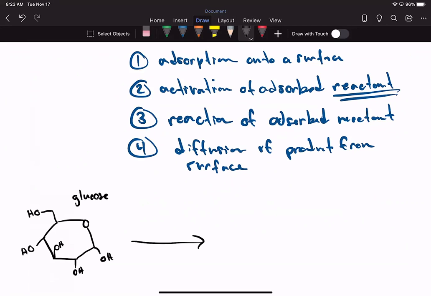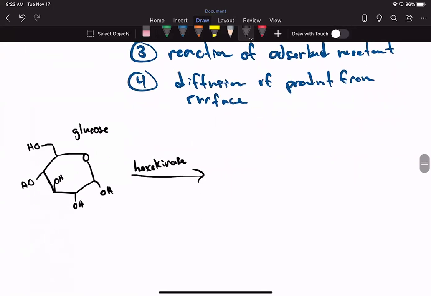Now, when glucose reacts with something we call hexokinase, right? It's another sugar, but it's going to react with hexokinase. Hexokinase is known as a transferase. And the whole job of a transferase, this is the type of catalyst it is, right?